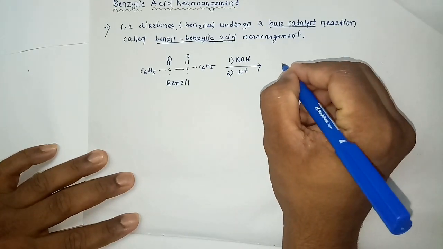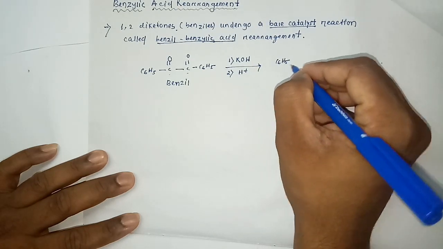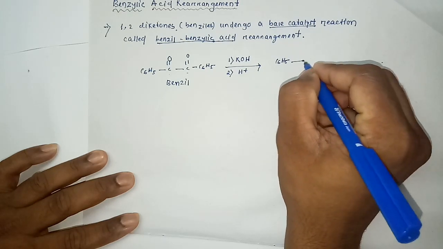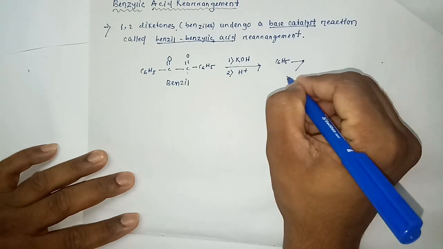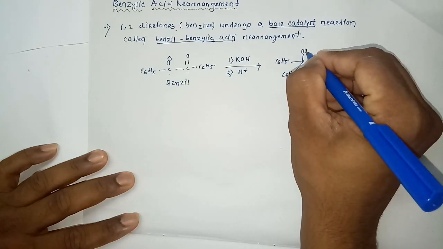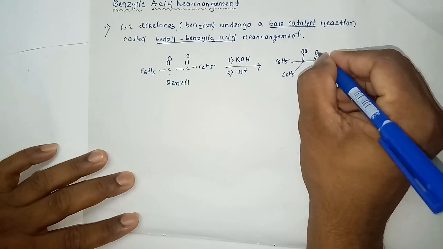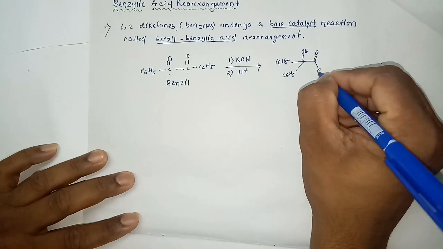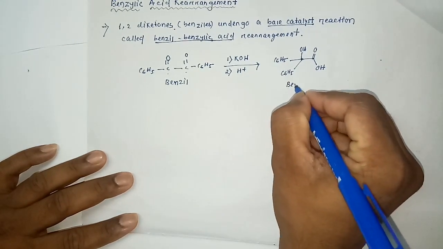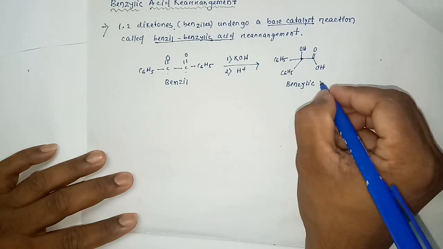C6H5, C6H5, C-OH, C=O, OH. This is benzilic acid.